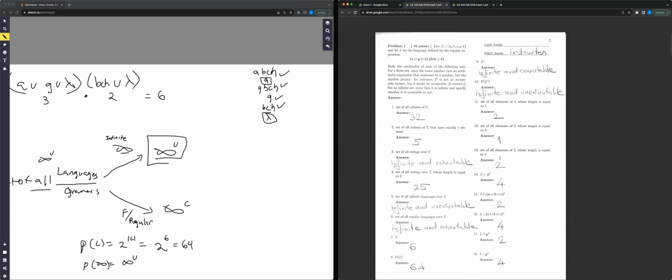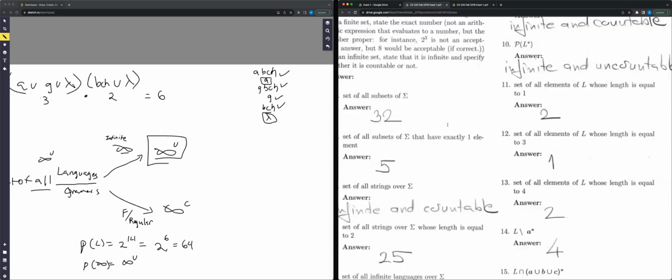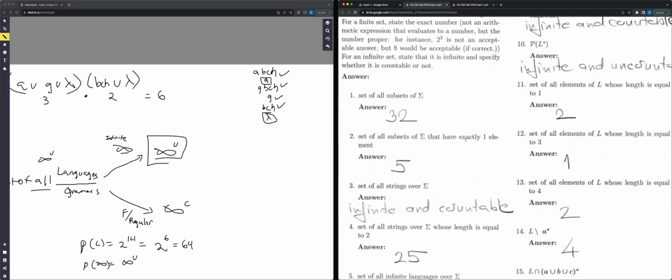So if you know the size of the subset of the set and what subset you want, you can just use Pascal's triangle to go directly to it and immediately get the answer. There are some obvious things, like if it says 1, then it's equal to the size of the set. How many subsets of size 1 can you have?